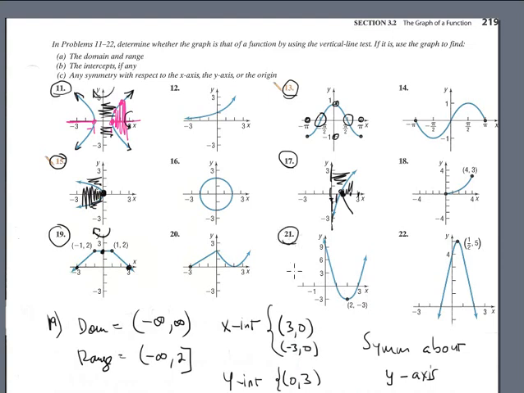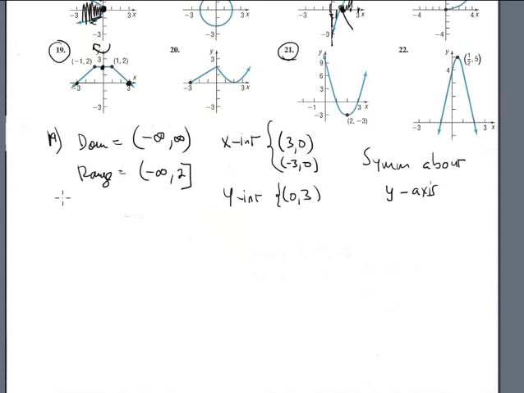Now 21. Look at the graph. The domain is all real numbers. However, the range, no. The range starts from this point, where y is negative 3, including negative 3. There's a bracket, negative 3, comma infinity.